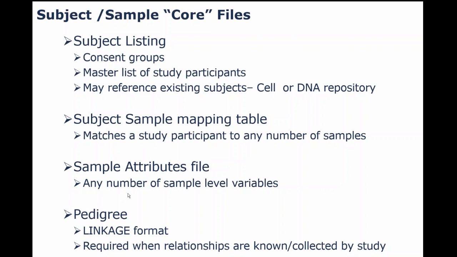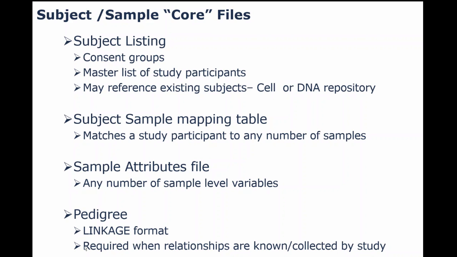We also have a sample attributes file, which is essentially phenotypes for the sample. This could be things like what plate the sample was on, what method was used to extract the DNA for the sample, whether or not the sample is RNA or DNA, those kinds of things. And then we have a core table, which is the pedigree information, which is the family relationships between the study participants.